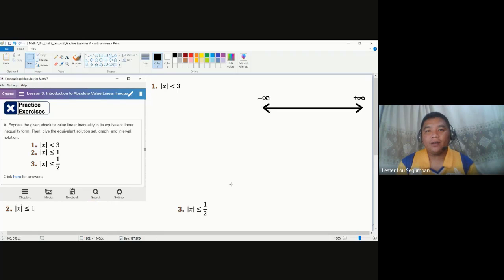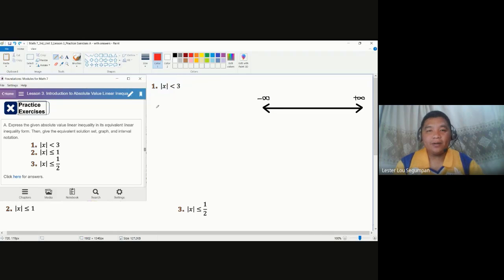Take note that if we talk about absolute value linear inequalities, there are general rules that we need to follow to come up with the correct solutions. Number 1 here is still presented as an absolute value linear inequality. So we can actually use the general form for the less than notation to come up with the linear inequality form.